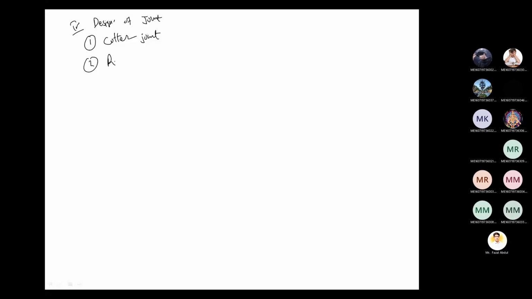The first one is quarter joints. The second one, riveted joints. The third one, welded joints.